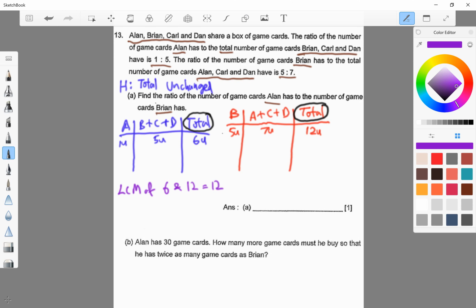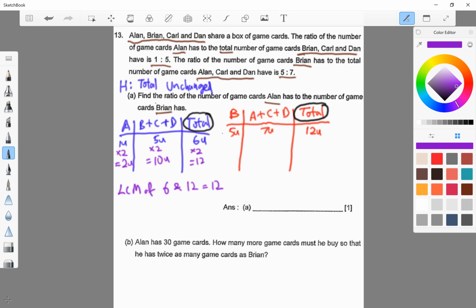So for the table that is in blue, I need to turn the 6 into 12, and to achieve that, I will just multiply by 2, finding the equivalent ratio of A compared to B plus C plus D, and also to the total. And from there, I will obtain 2 units for Alan, 10 units for B plus C plus D, and finally 12 units.